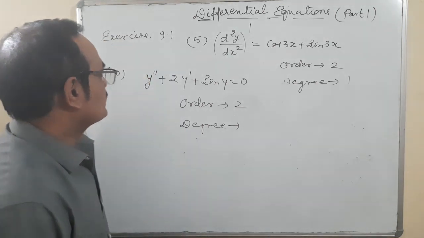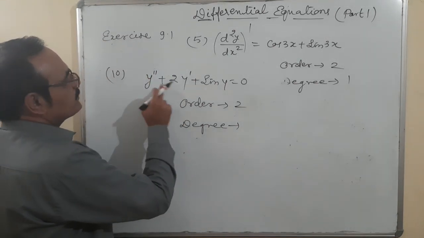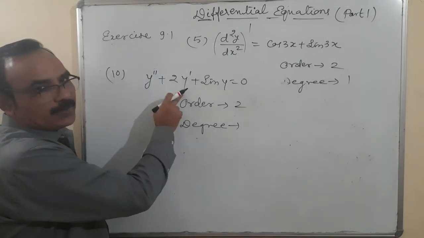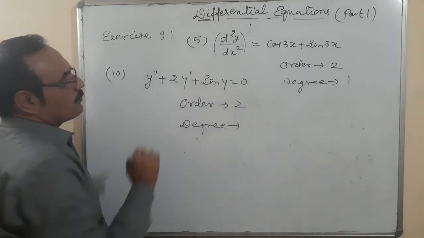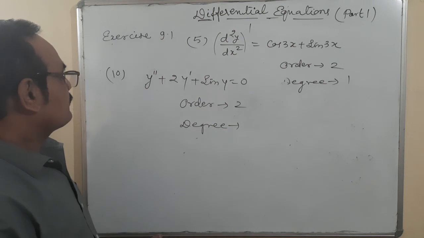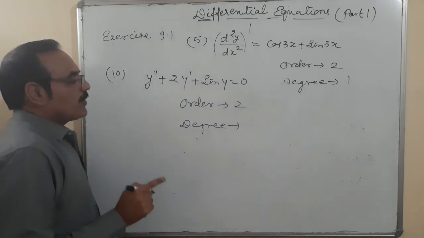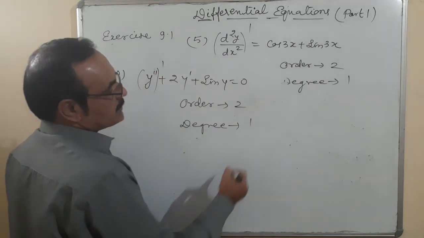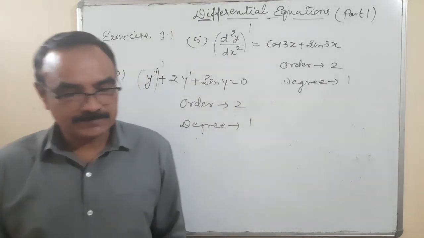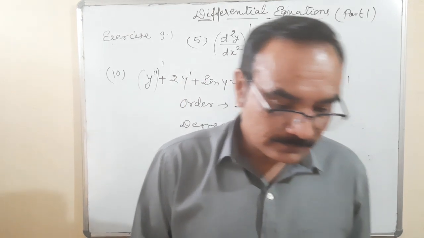The first and second derivatives are not the angle of a trigonometric term. Sin y is okay, there is no problem in it. So this is a polynomial, degree is defined, and the power on the highest derivative is 1. So degree is 1.